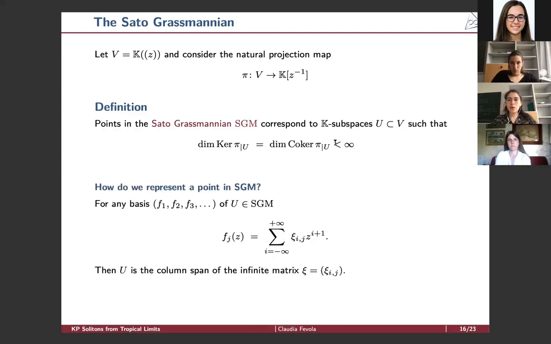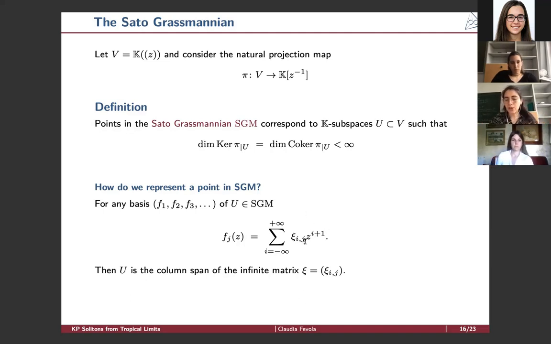So we saw before that for the Grassmannian, we could represent a point as a matrix. Now the question is, how do we represent a point in the Sato Grassmannian? Any point in the Sato Grassmannian is given by an infinite basis, but each of these basis elements can be expanded in the corresponding Laurent series.